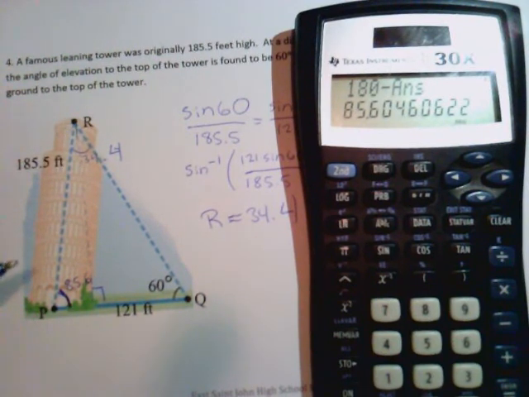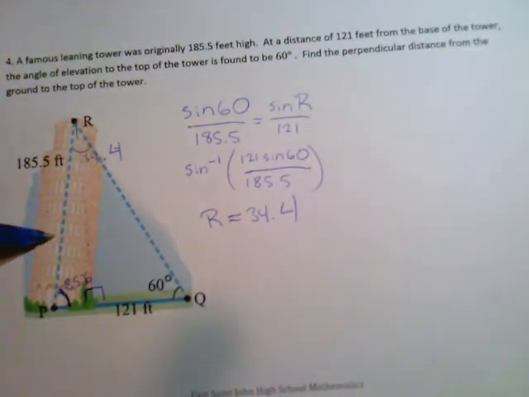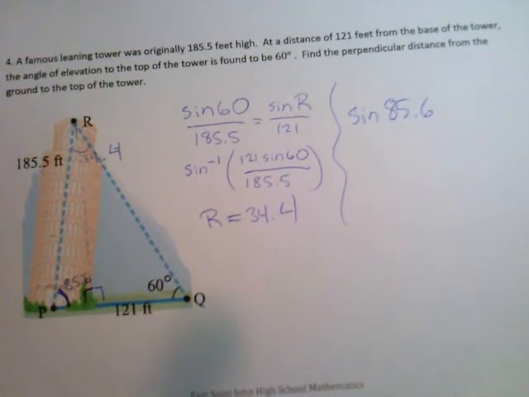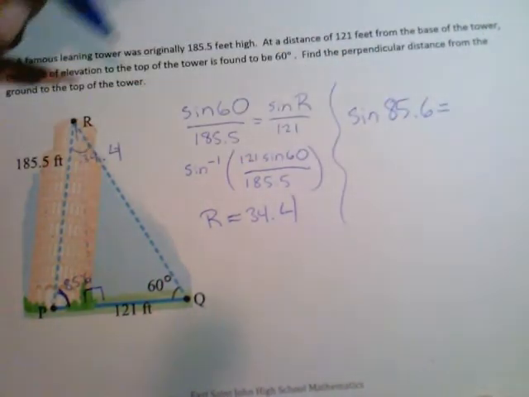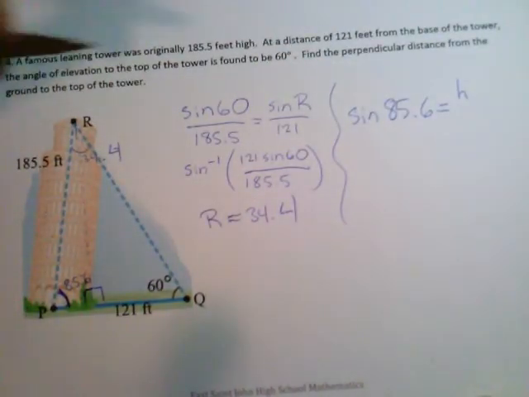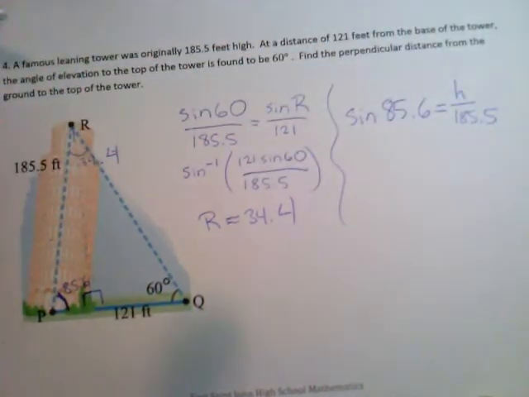So now we can use this angle that we have in this right triangle over here. So we can do sine of 85.6 will equal the distance we're looking for, that vertical distance h, divided by 185.5, our hypotenuse.